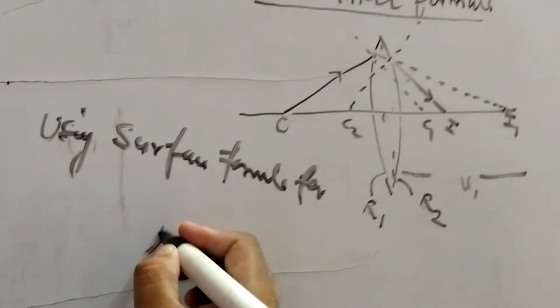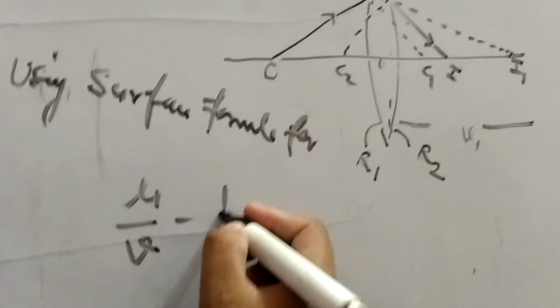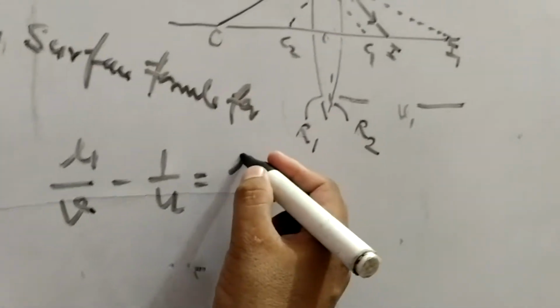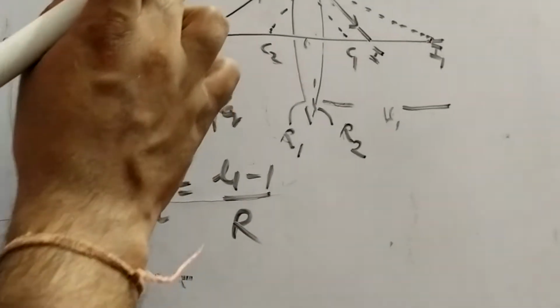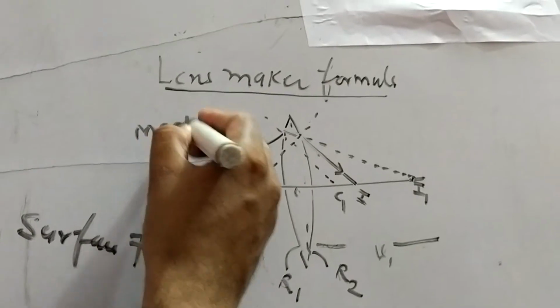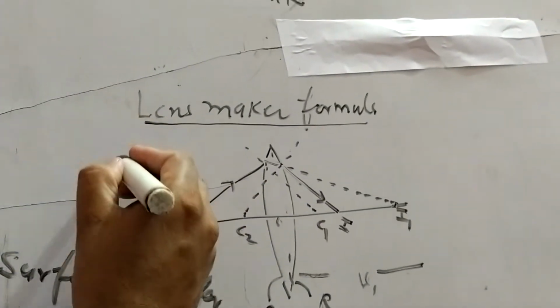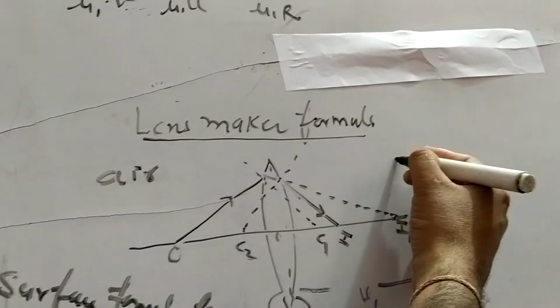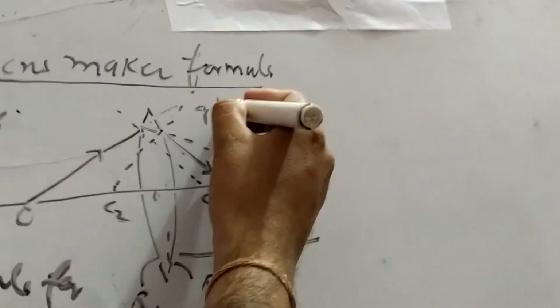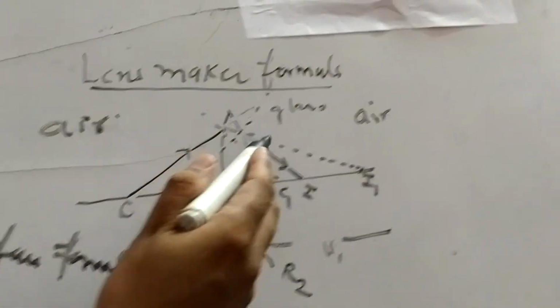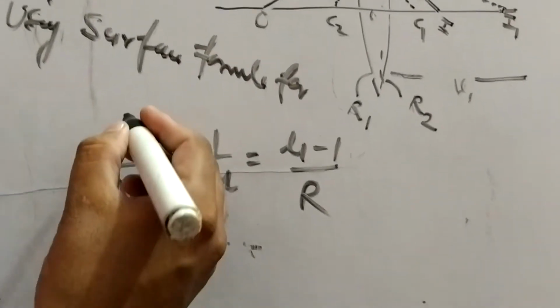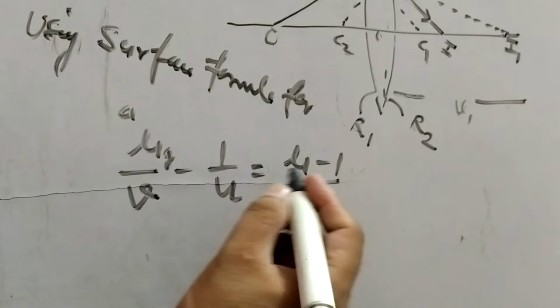Mu upon V minus 1 by U is equal to mu minus 1 by R. But here we can assume medium first is air, and medium second is glass. So here the ray moves from air to glass, so now you can say a mu g.